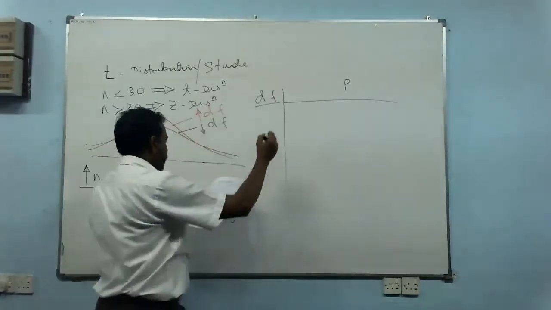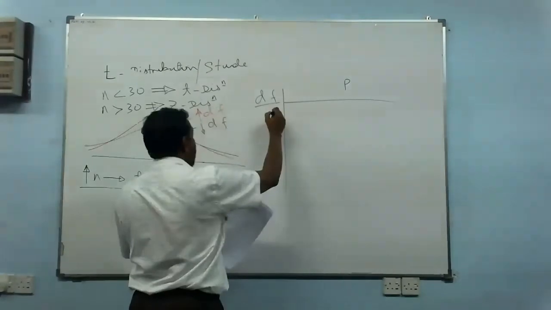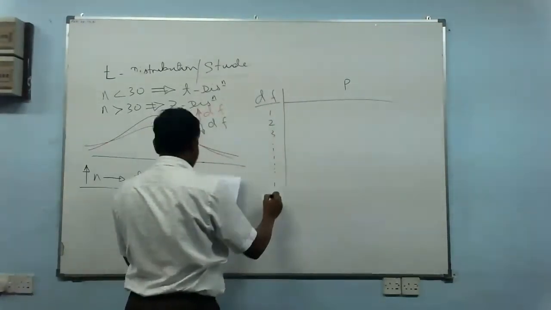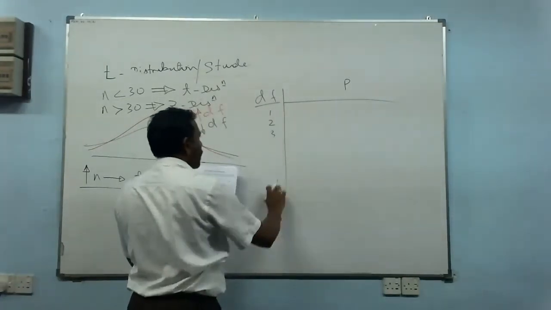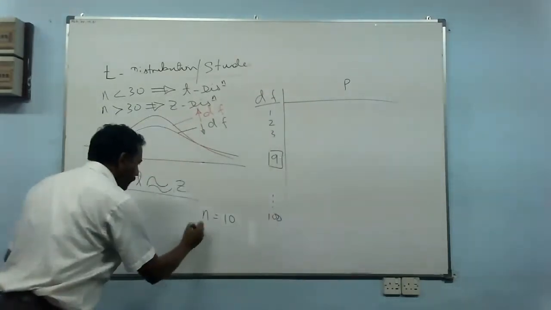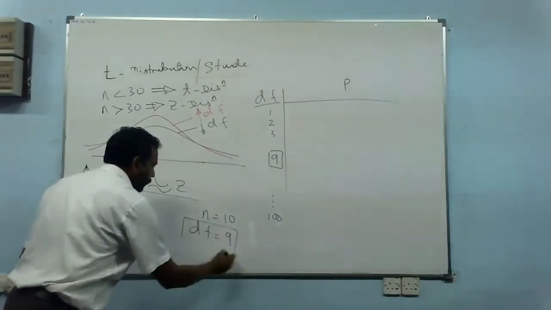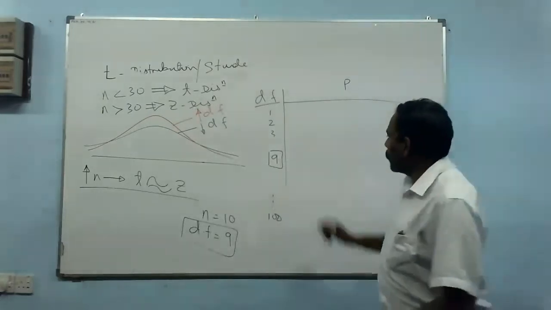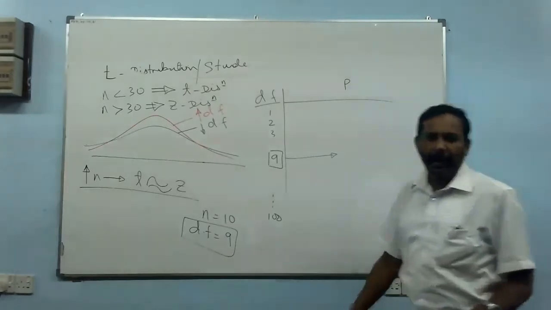So here we have values starting from degrees of freedom 1, 2, 3, and goes up to 100 in your table. So look at the value for 9. My degrees of freedom is 9, right? So look at the value along the row of 9.